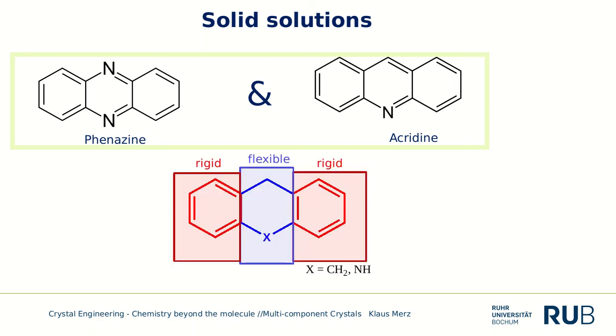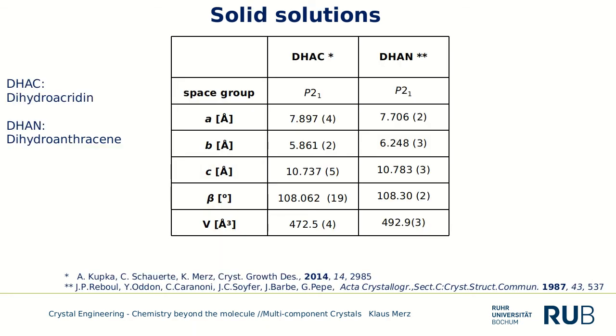Another example we have talked about, if you look here, is a similar system, but in this case the middle part is not aromatic. Rigid, on the left and right, aromatic systems, and in the middle is a flexible part. Okay? The difference is only in this atom switching from an amino to a methylene group. Okay, have a look at the space groups.